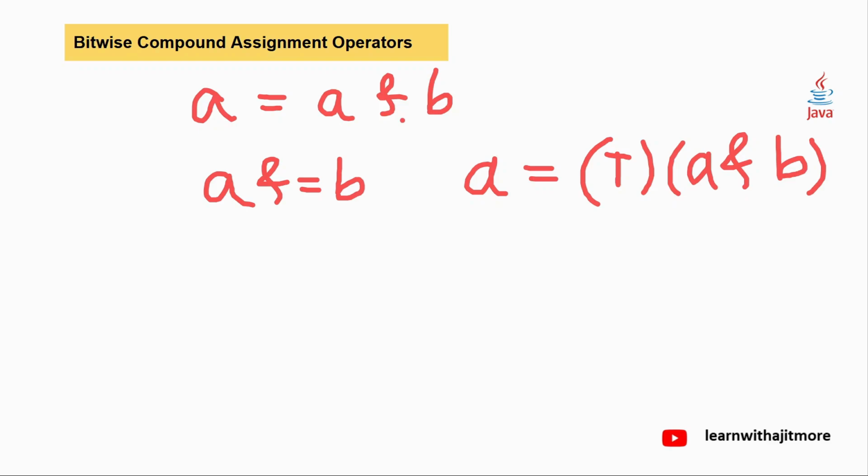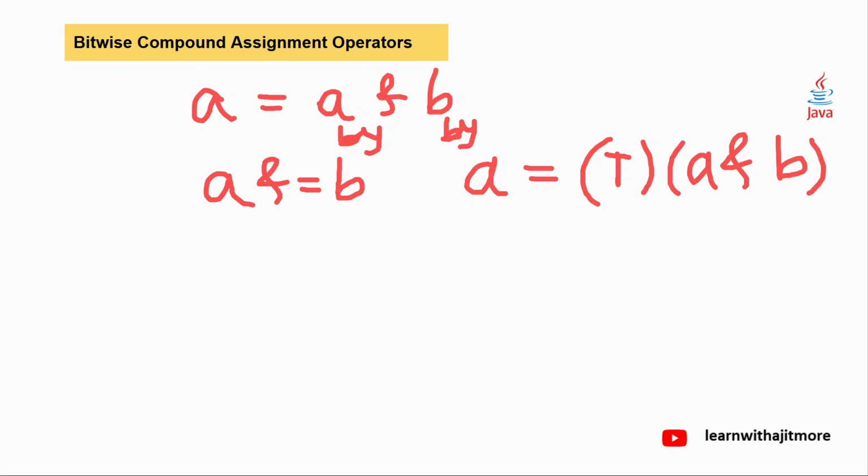See, A = A & B. And suppose A is byte, and B is byte. Do you think an error will come if I write A = A & B, where A and B are byte? In the first case, not using compound, the normal one, yes.